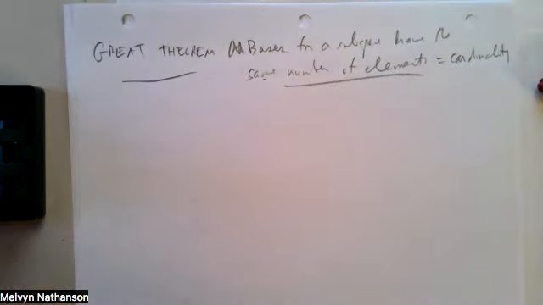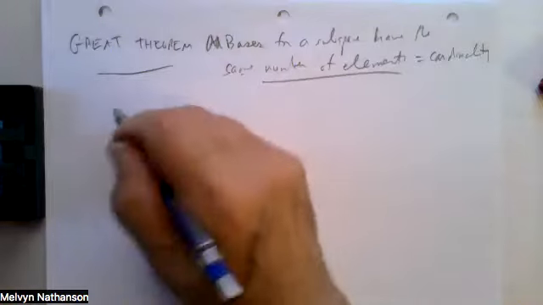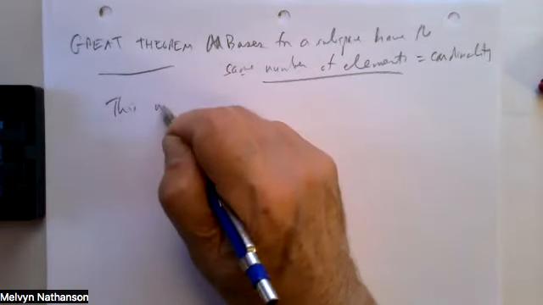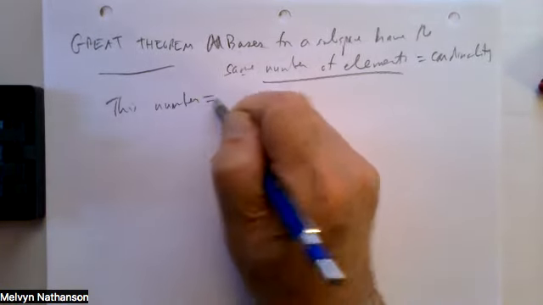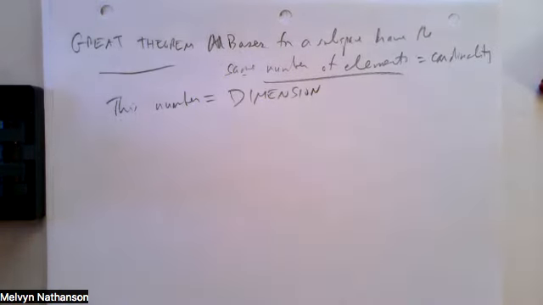So the cardinality of a basis for a subspace depends on the subspace, but you cannot have two bases that have different numbers of elements. So that is a big deal. And this number is what is called the dimension of the subspace. All bases have the same cardinality, and that cardinality is the dimension of the subspace.